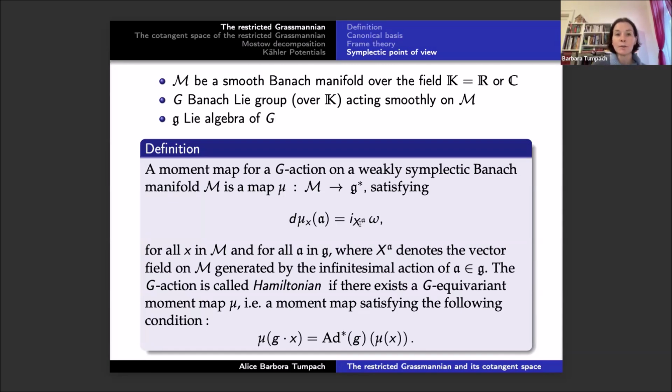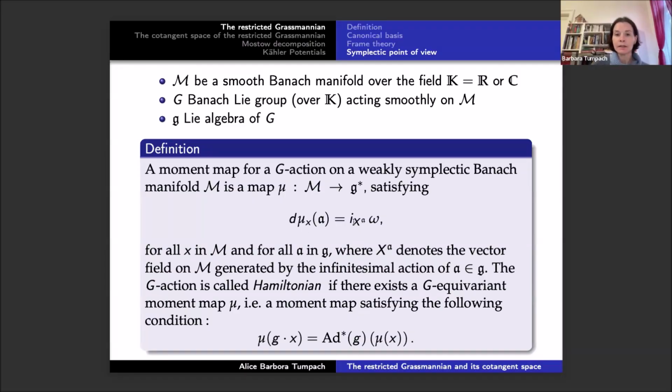So let me recall that when a Banach Lie group G acts smoothly on a manifold M, its Lie algebra also acts on M, and its action gives vector fields, which are called infinitesimal vector fields associated to the action. So simply, this vector field X_A is what we get when we differentiate the action of a one parameter subgroup, generated by A, acting on the manifold.